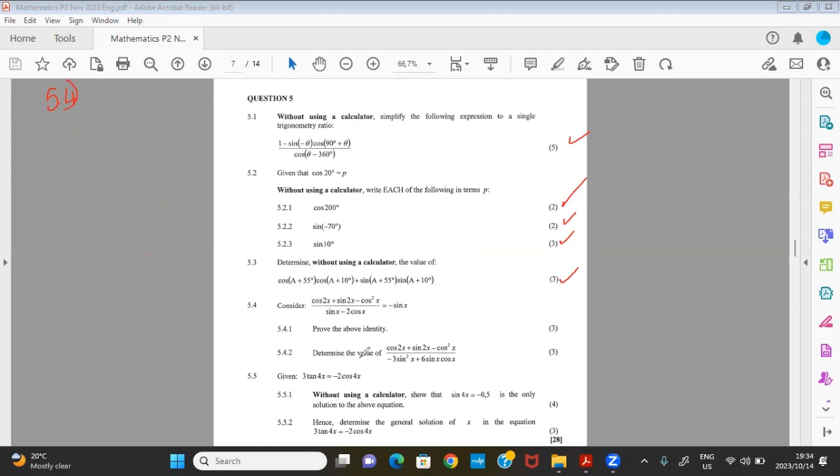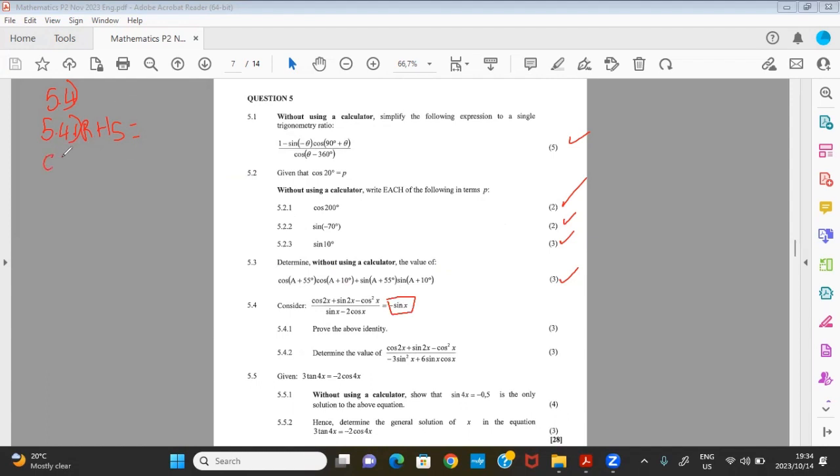Next, they give us a trig equation. In 5.4.1, they say prove the identity. So prove the left hand side is equal to the right hand side, and by just looking, we must deal with our left hand side, to show that it is equal to minus sin x.